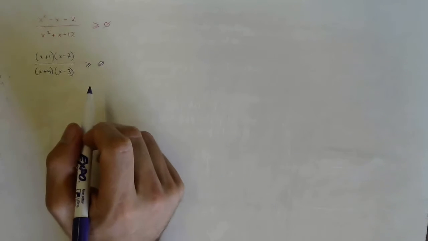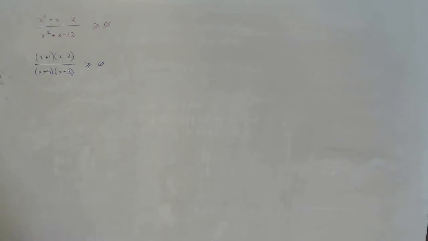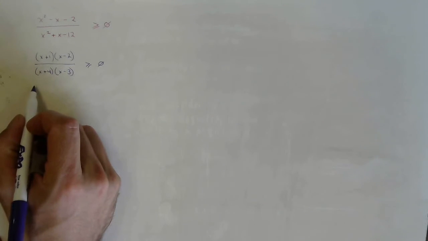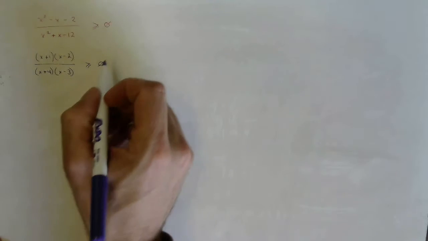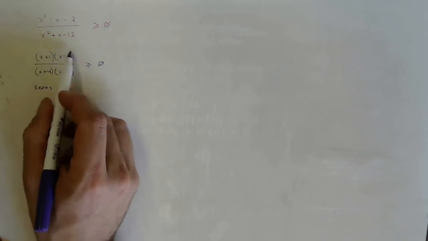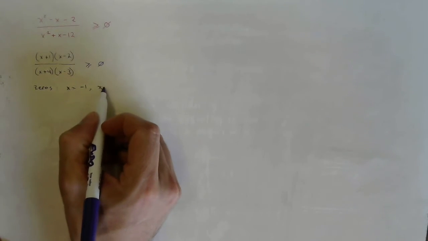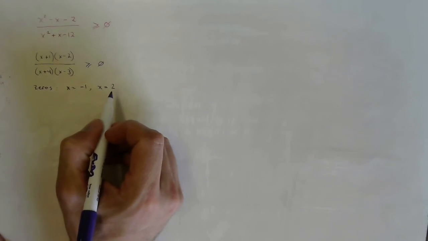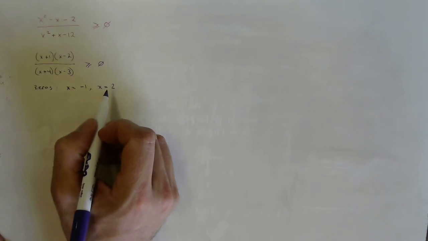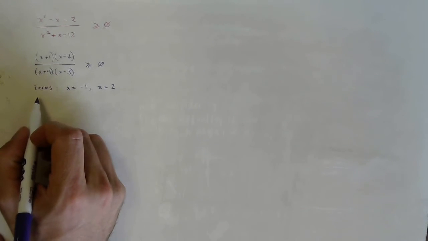Okay, using our tips and tricks along the way, we're finding out from the numerator that our zeros occur at x equals -1 and x equals 2. And then we have from the denominator our restrictions, which would be the equations of our vertical asymptotes.